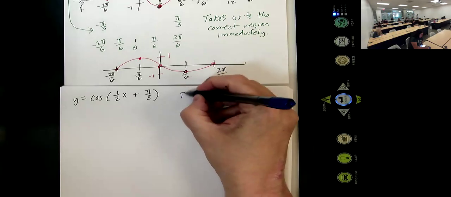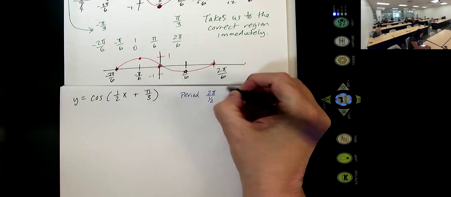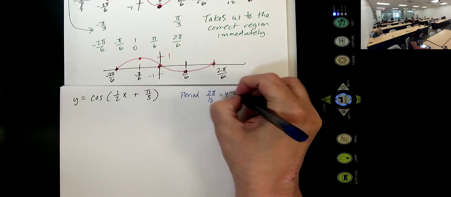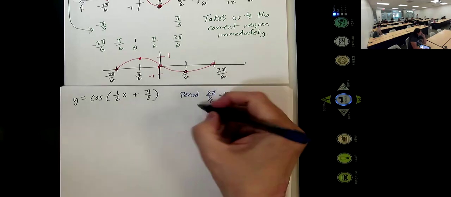So one approach is doing the period: 2 pi/b, which is 2 pi/(1/2), which is 4 pi. And I need to figure out what my shift would be, so I need to factor out the 1/2.